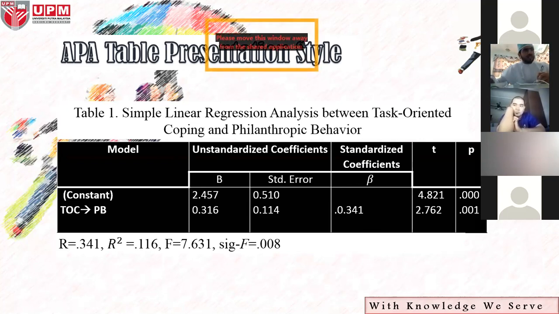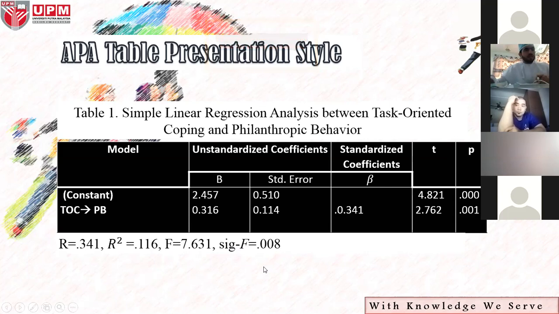We report the model here: the unstandardized coefficient, standard error, standardized coefficient beta, T, and P. Our R value, R squared, F value, and significant F, we report below the table. We do not report these values inside the table. You just report below the table. Salim, again, please follow this format.